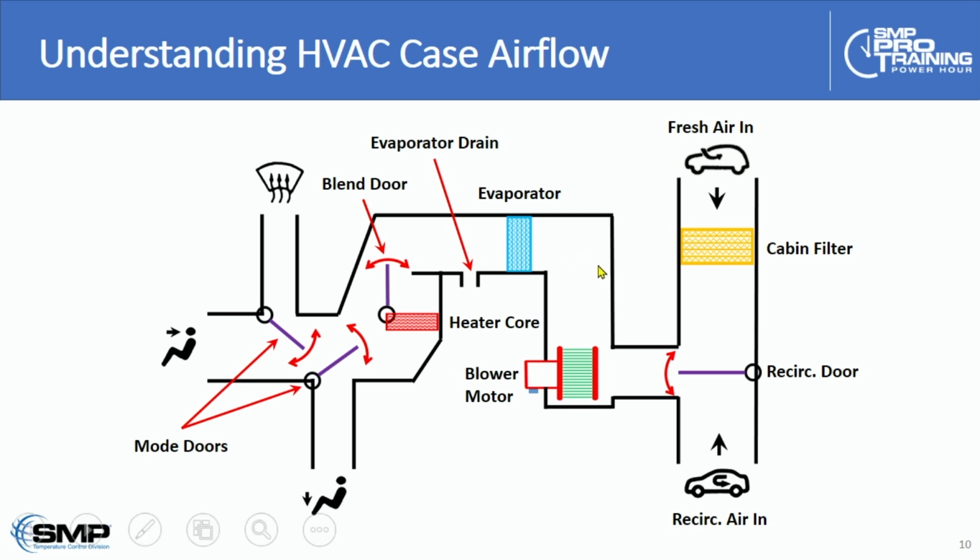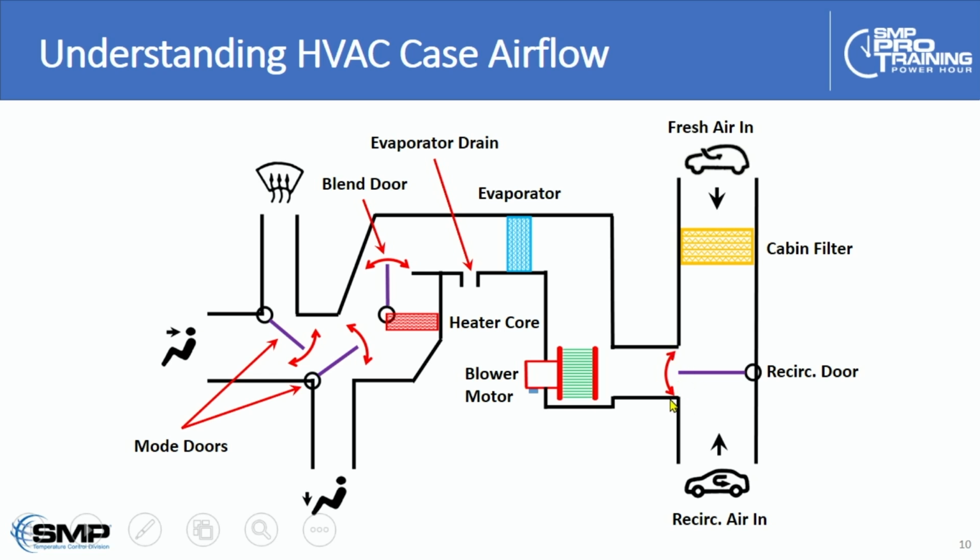I would also point out that when you're installing an evaporator or a heater core, it's very important that there be a full, snug fit in the case so that air can't bypass around it. And as we'll point out in a later slide, the air doors must seal.